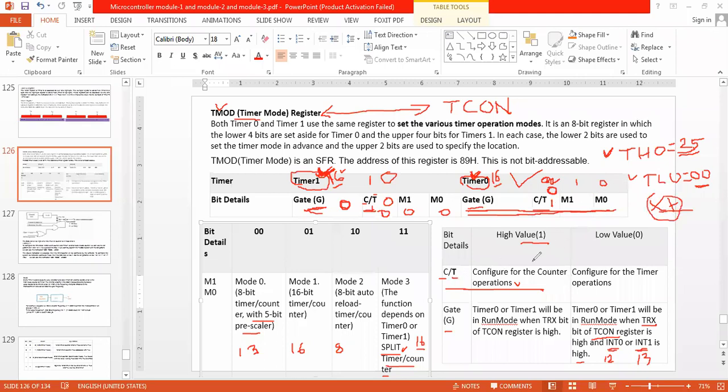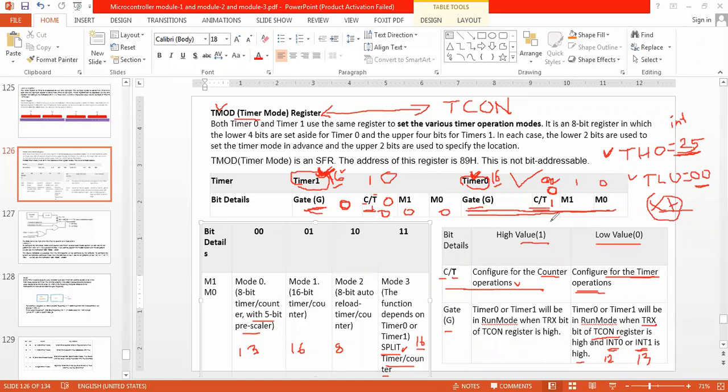Whenever C/T bar is equal to 0, it is configured for timer operation. So this is counter operation, this is timer operation. The values will be incremented by using the internal clock frequency. That is what is done by C/T bar.